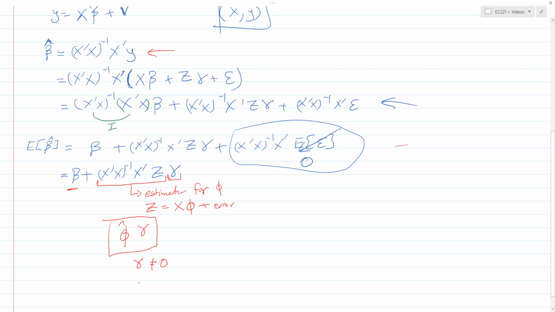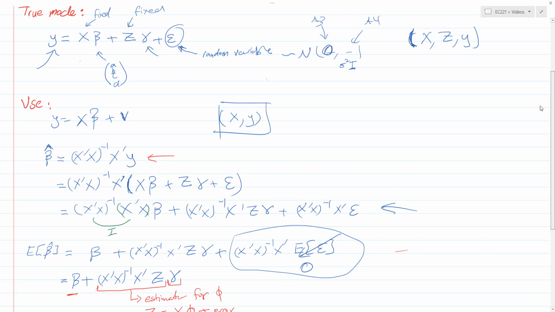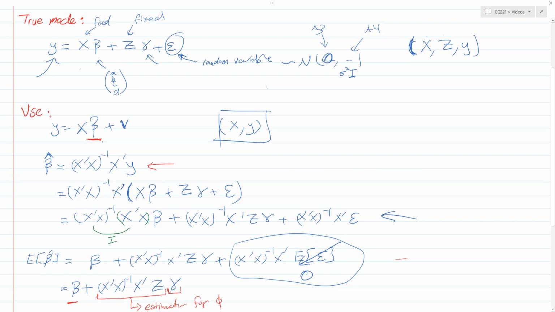And the other condition is that phi hat is trying to estimate phi, so phi is not equal to 0, which means x affects z. So we've discussed the value of beta here. It's going to be biased by an additional effect, which is the indirect effect of x on y through z.